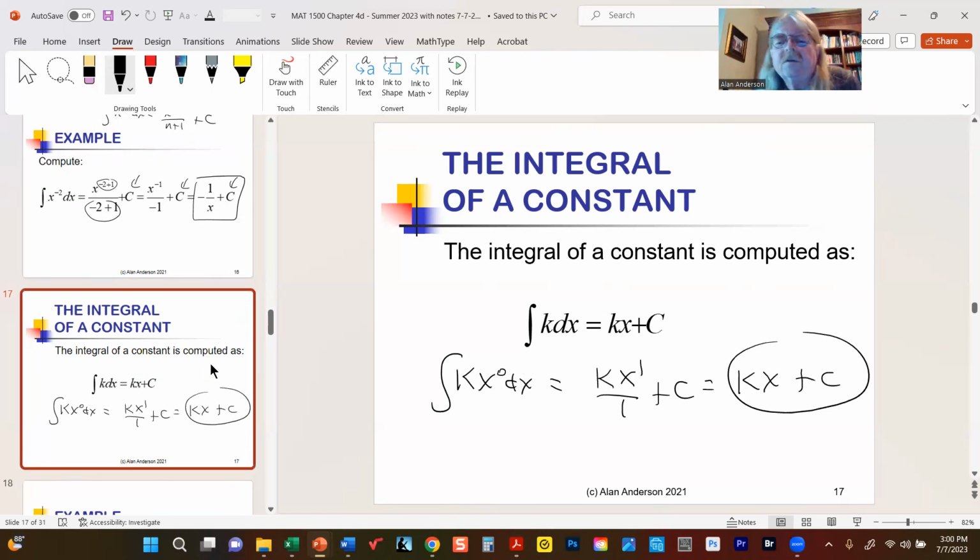Also, I just want to point out too, and we'll see a lot of this as we go along. This can be rewritten as k times the integral of dx. For some applications, it might be easier to move the constants on the outside because it might be easier then to figure out what rule you're supposed to use to solve for this particular integral.